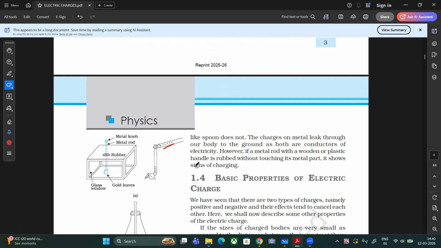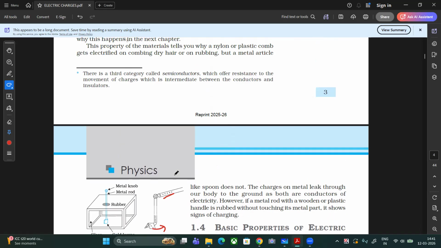Why? Because these are positive charges, so they repel. That means the charges are diversifying in the conductor in a uniform way, all around the conductor. This is one of the main properties of the charges.